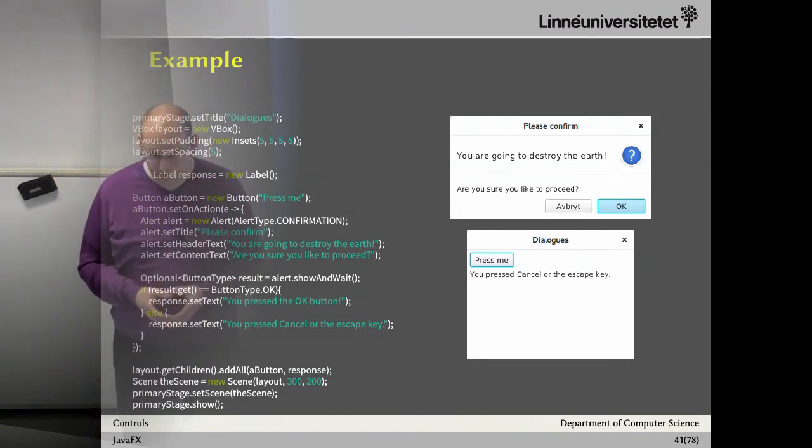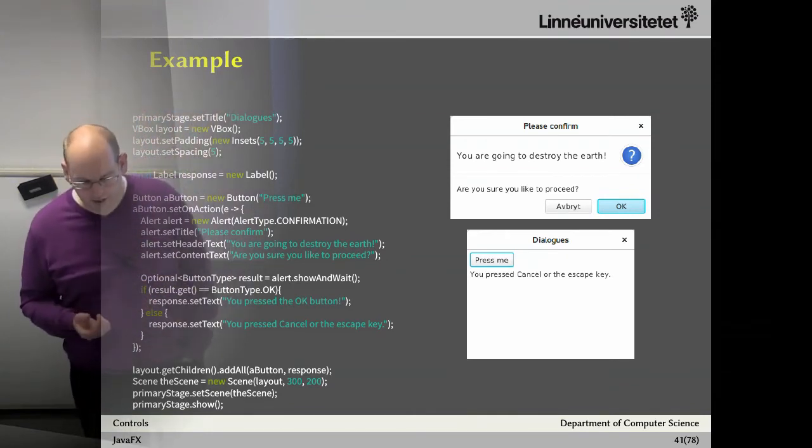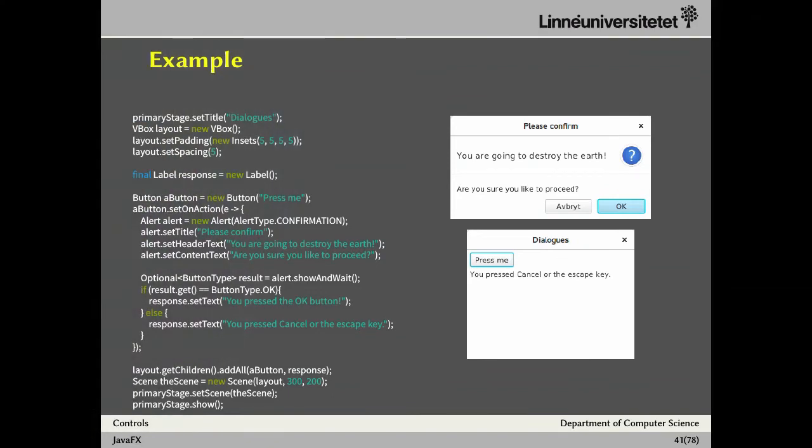So this one is still an alert, but it is of type confirmation. Please confirm. And as you can see, approximately halfway down we have the option of button type, which takes the result from the alert show and wait.